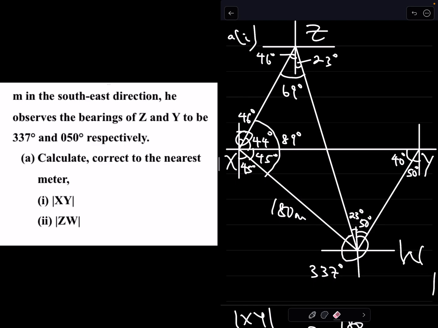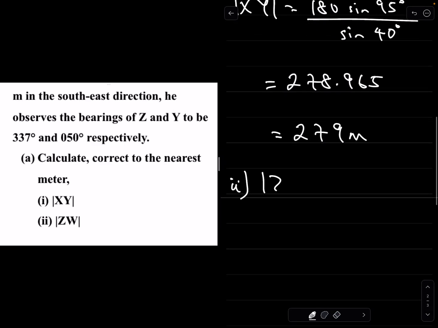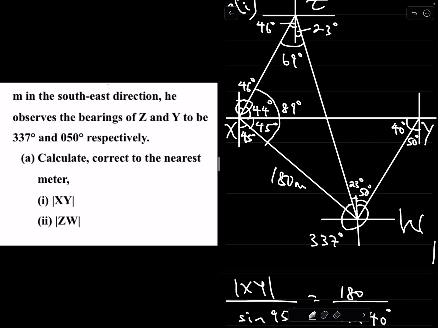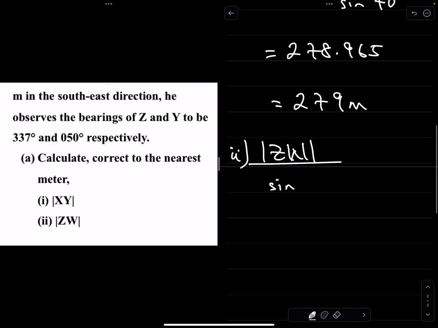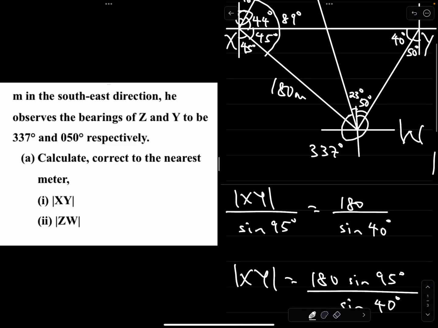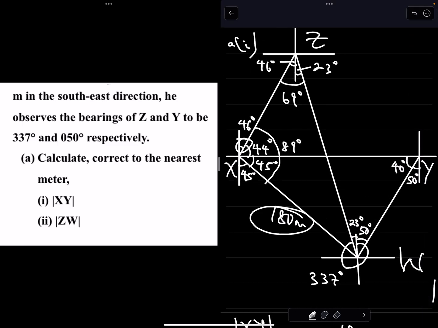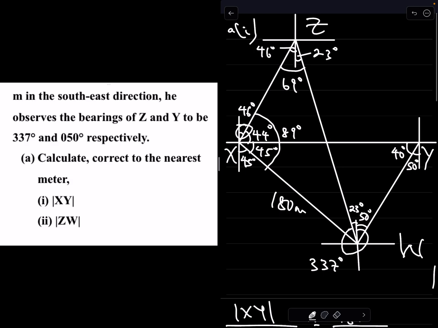I'm looking at triangle XZW now. So length ZW over sine 89 degrees is going to be equal to length XW, which is 180 meters, over sine 69 degrees.